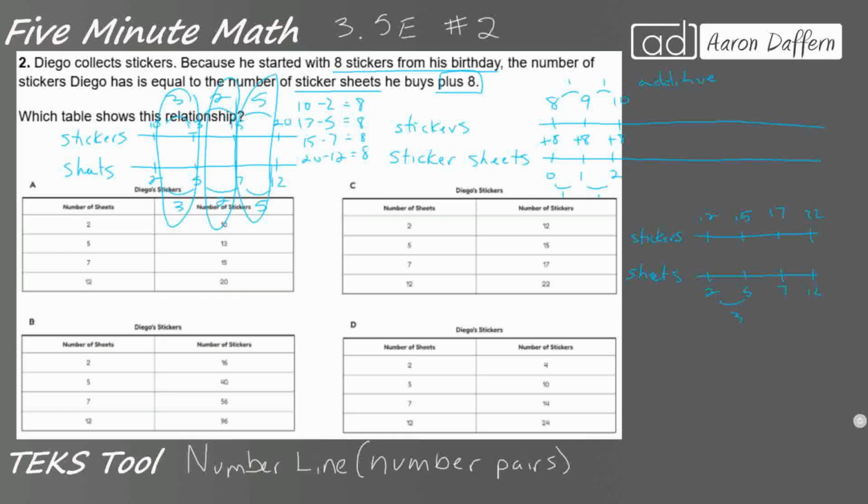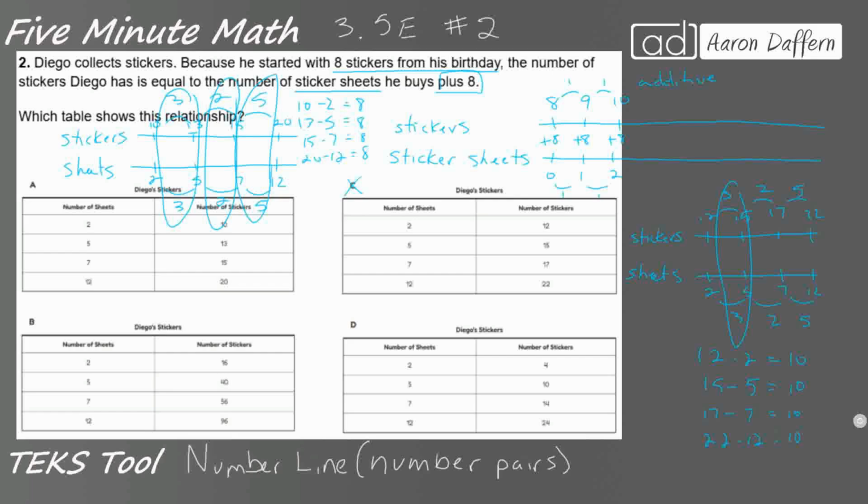So that's a plus 3, a plus 3, a plus 2, a plus 2, plus 5, plus 5. So we do have an additive relationship because it's the same thing. But look, 12 minus 2, 15 minus 5, 17 minus 7, 22 minus 12. That's not 8. Each of these is a plus 10. So that's why this one is incorrect.